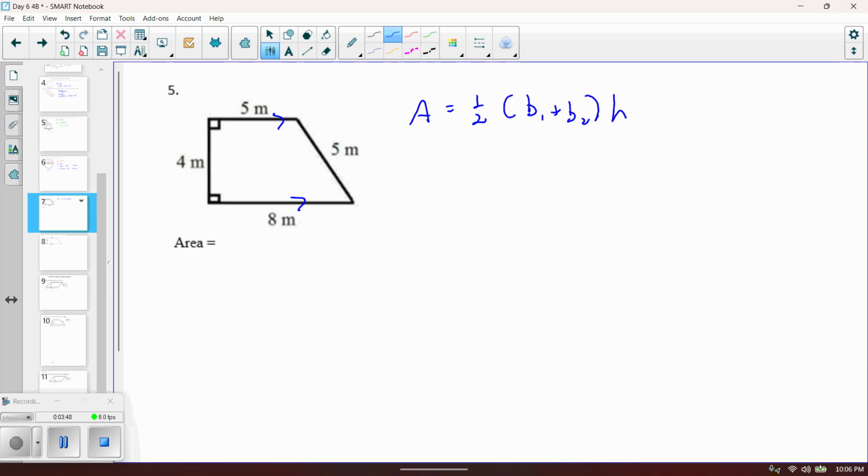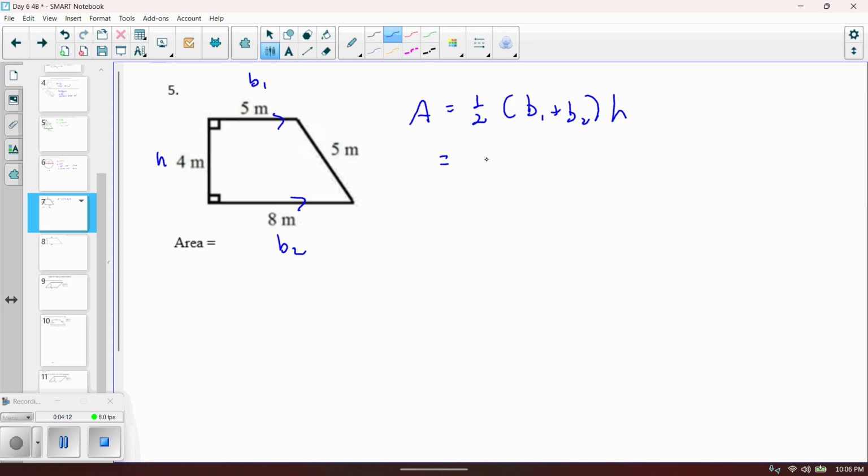So the two bases, this is going to be base 1, that's going to be base 2. The height has to go straight in between the two bases, creating a perpendicular between the two bases. And that one is going to be the 4. That's your height. Again, basically straight down from the ceiling to the floor, if you think about it that way.